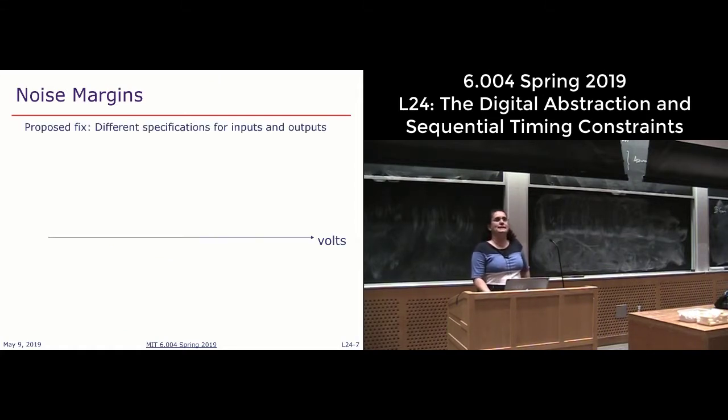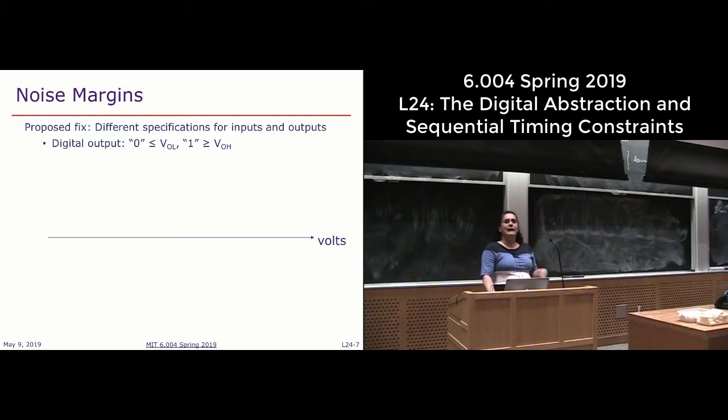Okay, so we said that we're going to talk differently about our inputs and our outputs. Specifically, a valid digital output is a value that's, if you have a voltage, less than VOL, which stands for output low, and we're going to consider that a valid 0 output.